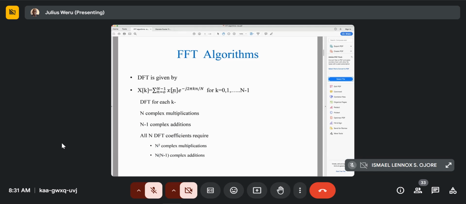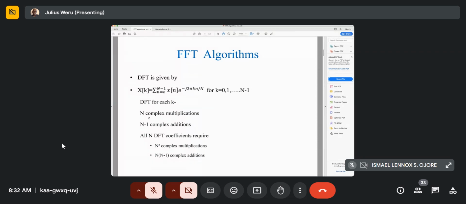Since for each X of k you are adding the x of n multiplied by this W sub N to the kn, then, of course, you have to go from k equals 0 to N minus 1.